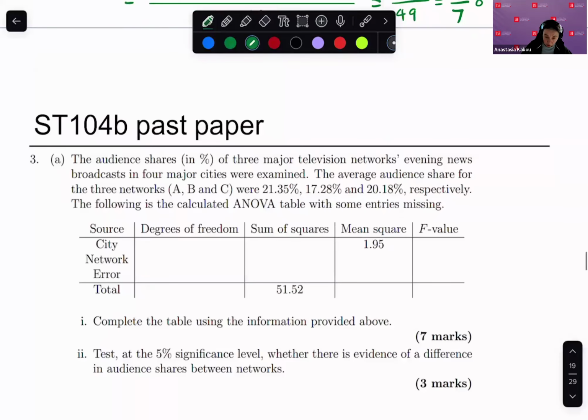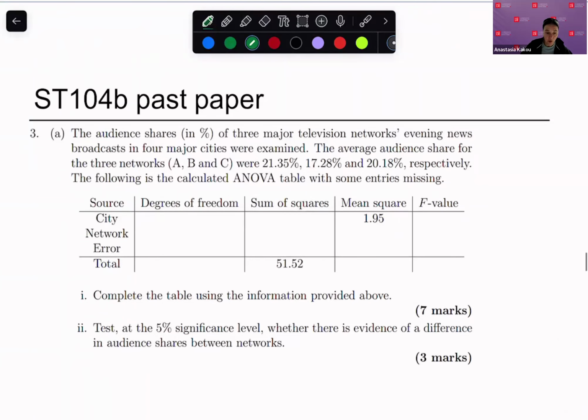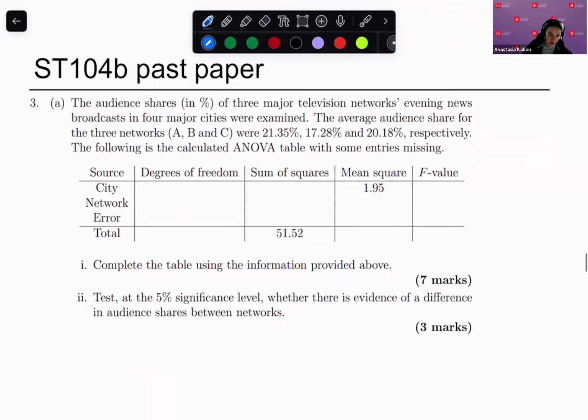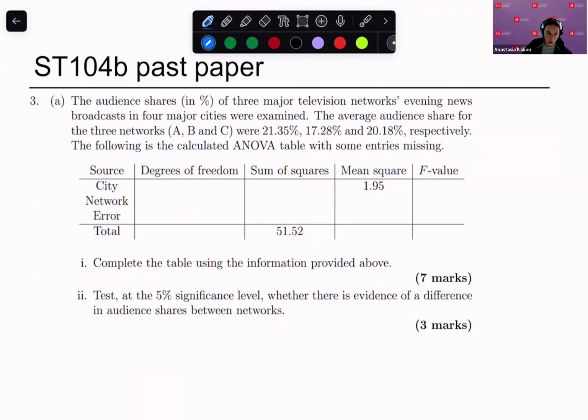I'm going to do the other two methods in a minute, but you will also have a question on ANOVA, analysis of variance. So let's do that now. For the ANOVA, you need to fill in the ANOVA table using the information provided.